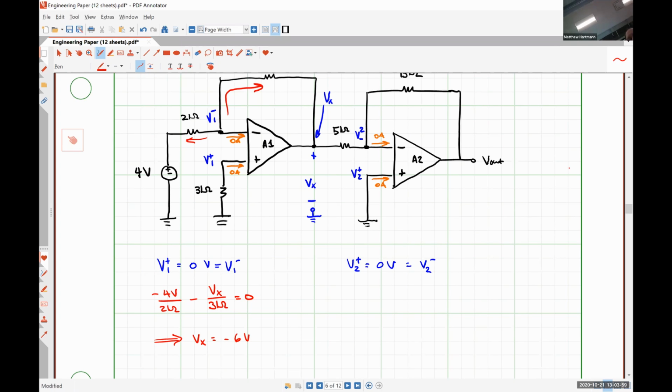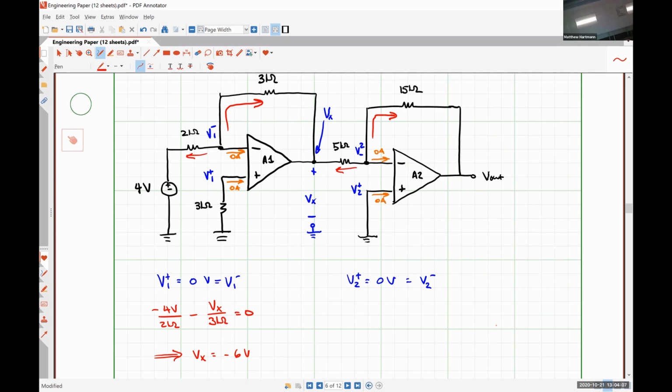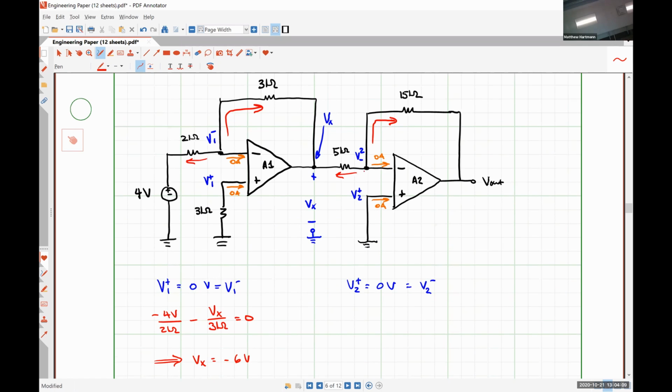If we apply Kirchhoff's current law at op amp number 2, we're going to have, sorry, that should be V2 minus, not -2. V2 minus, which is 0, minus Vx, which is -6.